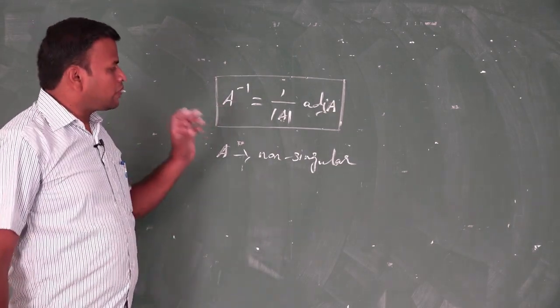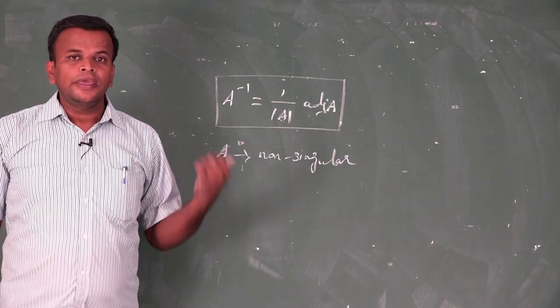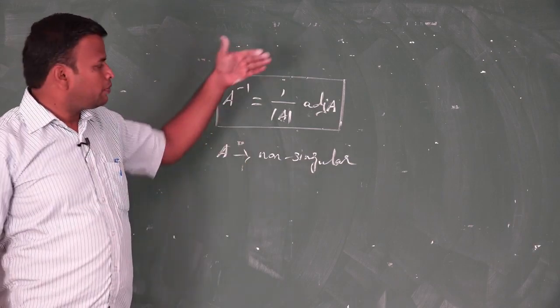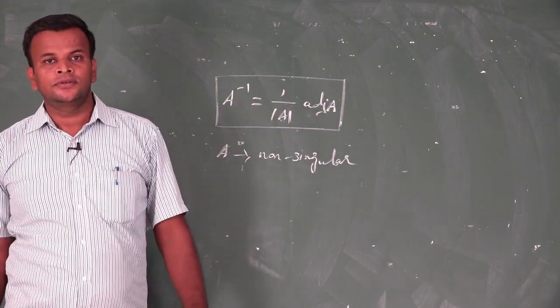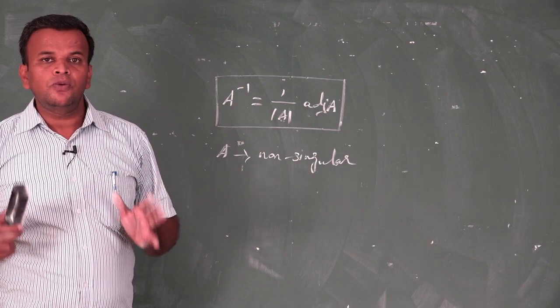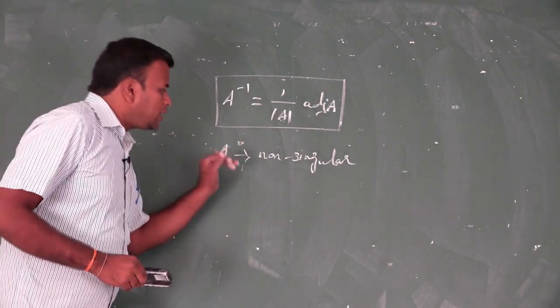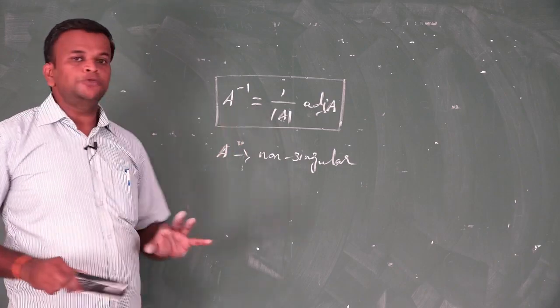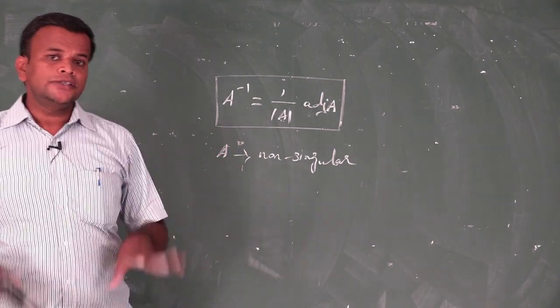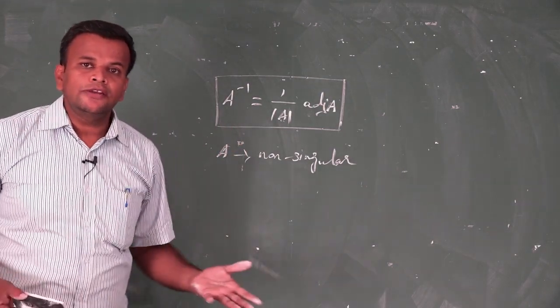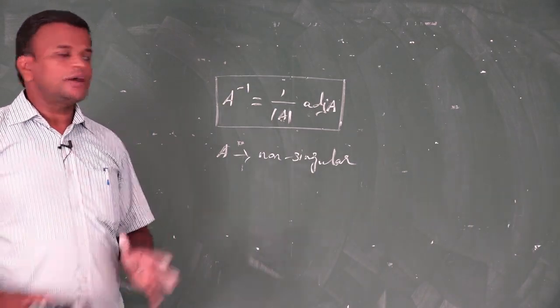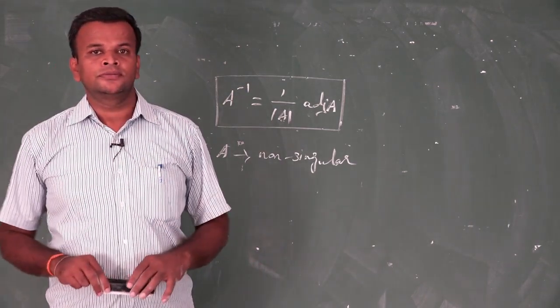Suppose the determinant value becomes 0, A inverse is impossible because 1 by 0 is not defined. So inverse is possible only when the given matrix is non-singular. If A is non-singular, then A inverse is possible. Suppose A is singular, then A inverse does not exist, or A inverse is impossible.